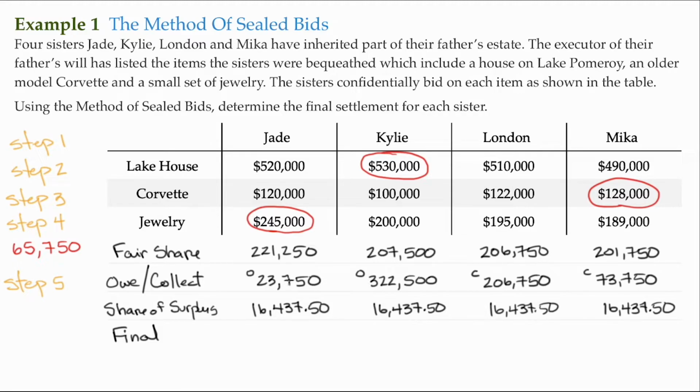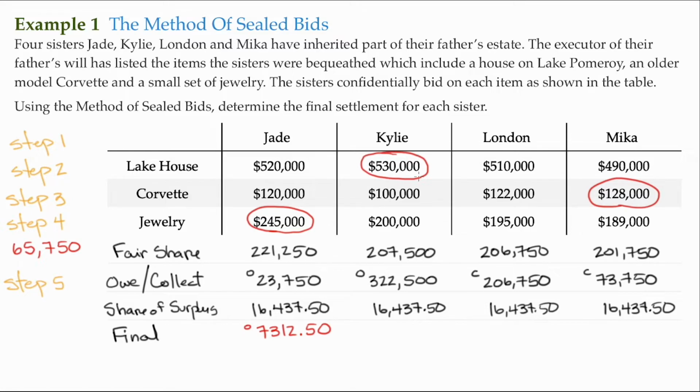However, the estate has a surplus, so they wind up paying her back $16,437.50. So the difference between these two is $7,312.50. This is actually what Jade owes. So Jade's final settlement is she winds up getting the jewelry and owes $7,312.50.